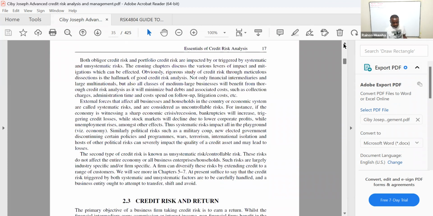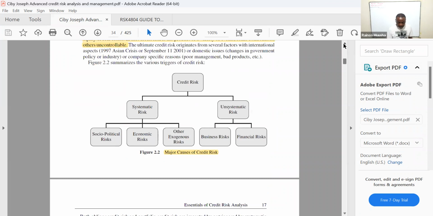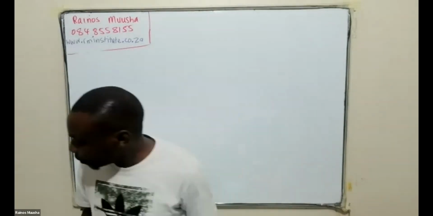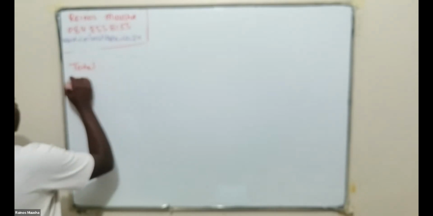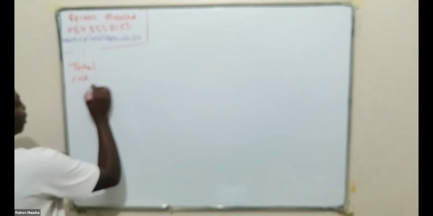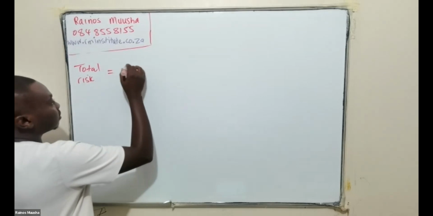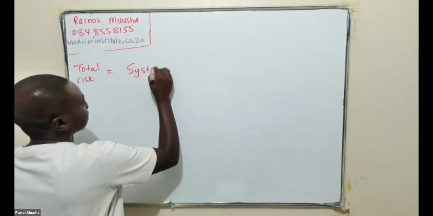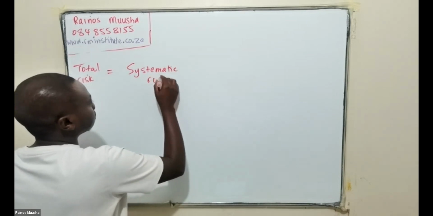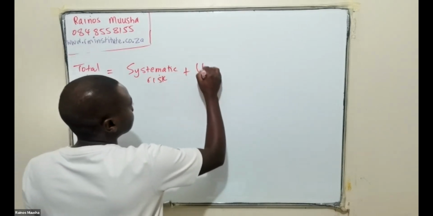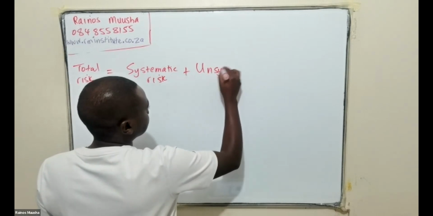Looking at systematic and unsystematic risk, I'll need to explain it a little bit further. We know that the total risk faced by an organization is given as systematic risk plus unsystematic risk.